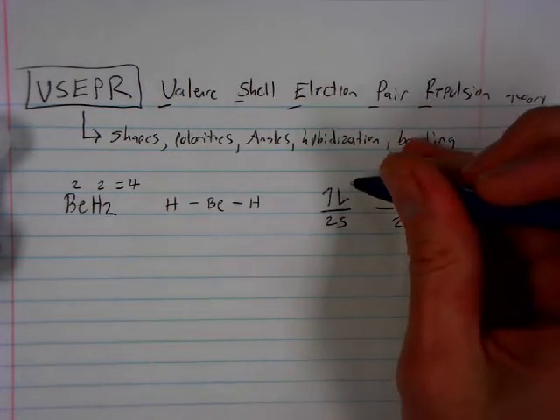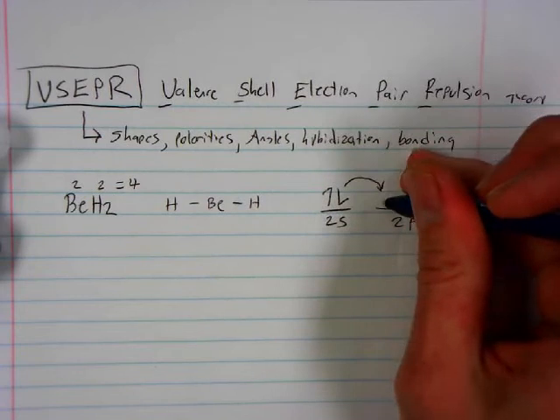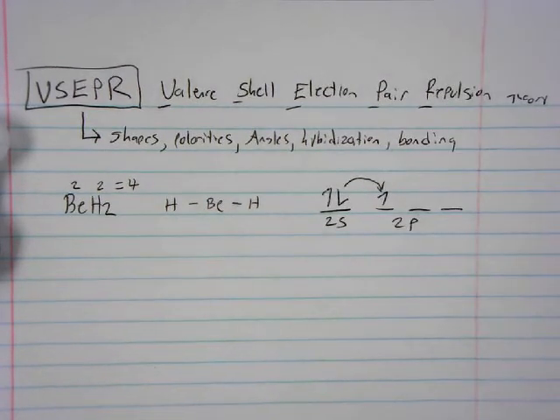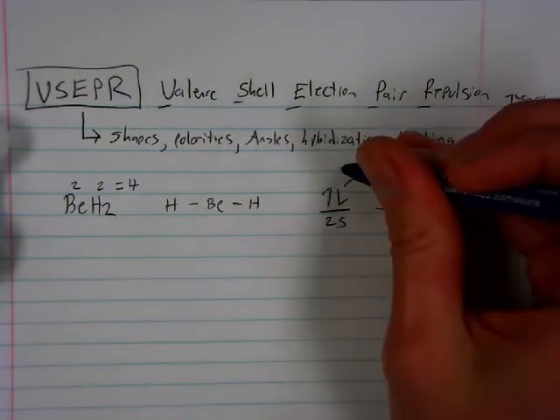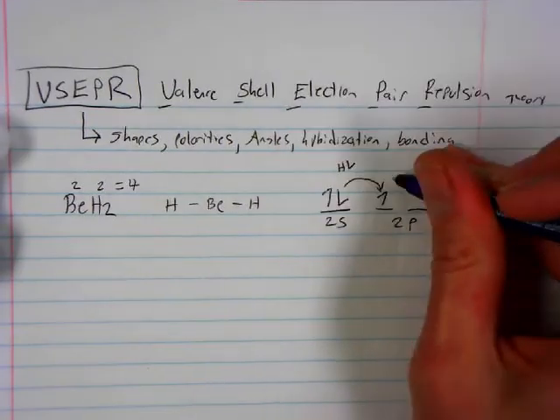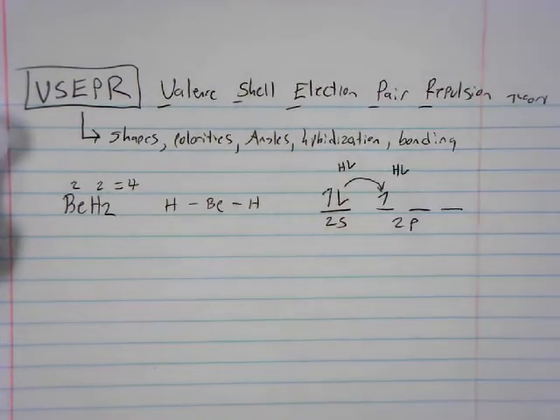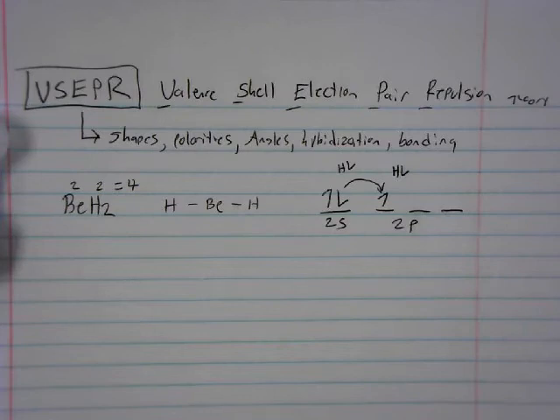How many hydrogens can I currently bond to beryllium? None. So what am I going to do with this electron? Promote it. I'm going to promote this electron to here. Now I have room for a hydrogen to come in here and bond, and a hydrogen to come in here and bond.